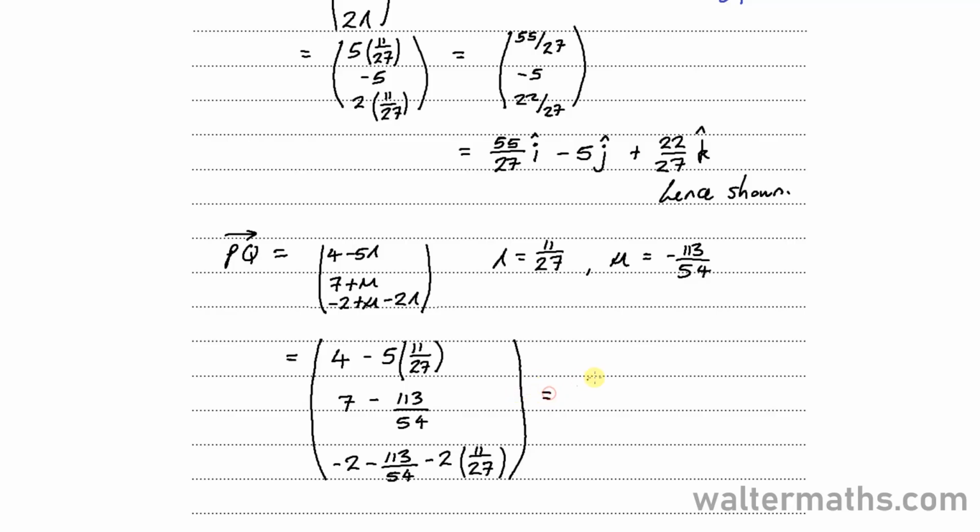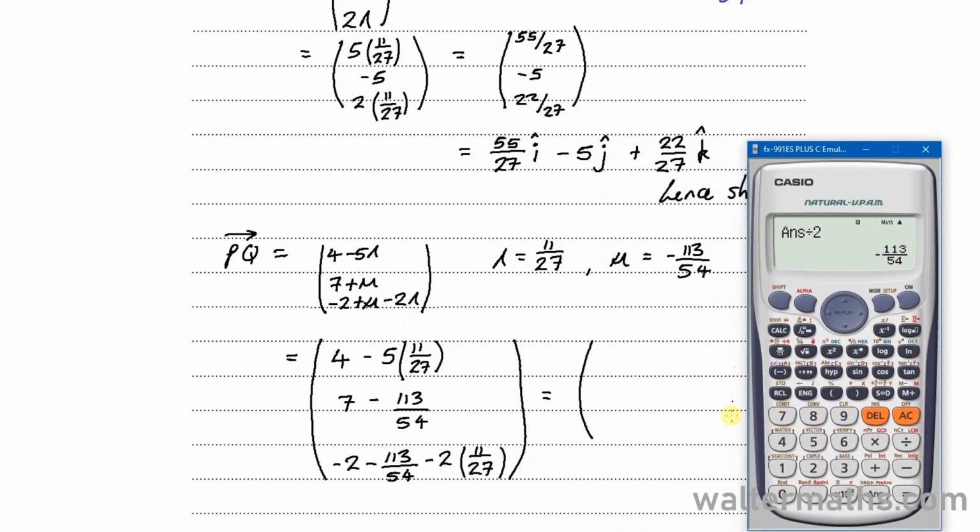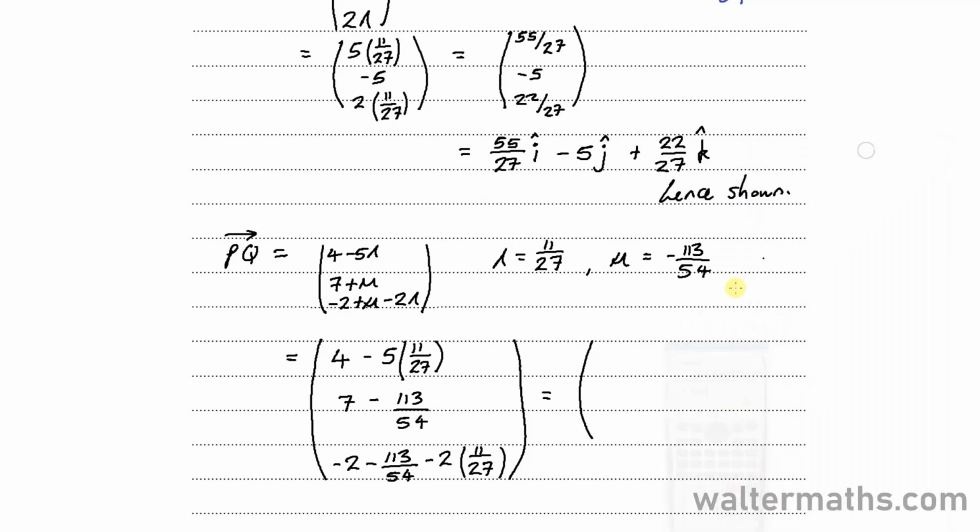So let's simplify it. 4 minus 5 of 11 over 27. Let's calculate that. And we get 53 over 27.